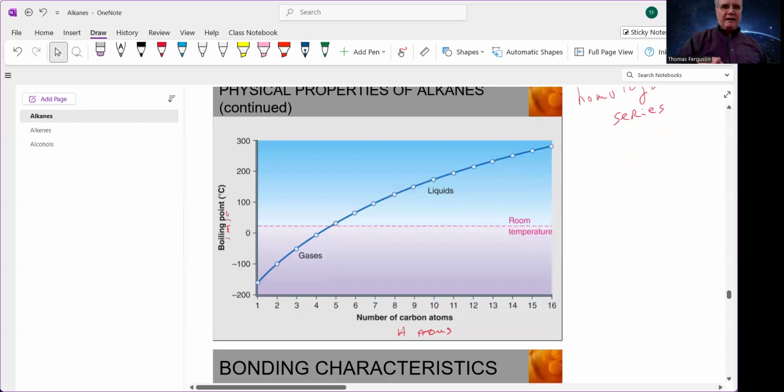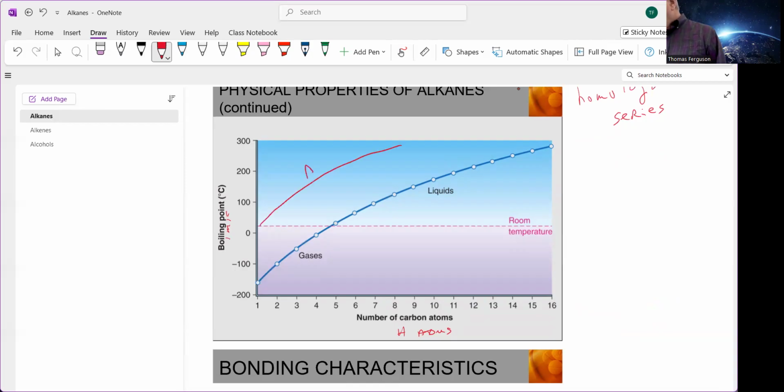Now, this particular graph, I'm going to redo for every single chapter. I'm going to keep adding stuff to this graph. Now, this is a graph of boiling point versus number of carbon atoms. So as the number of carbon atoms goes up, boiling point goes up. We're going to find that, for example, alcohols are way up here because they have higher intermolecular forces to start with.